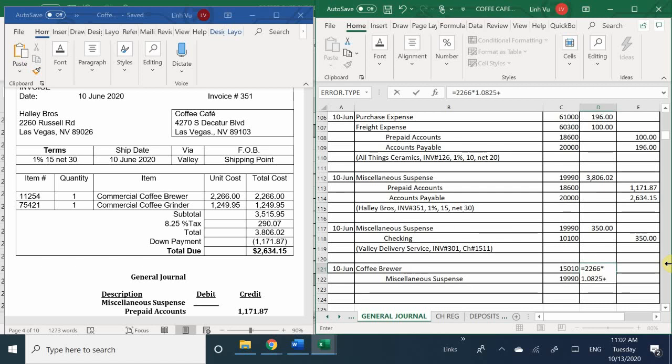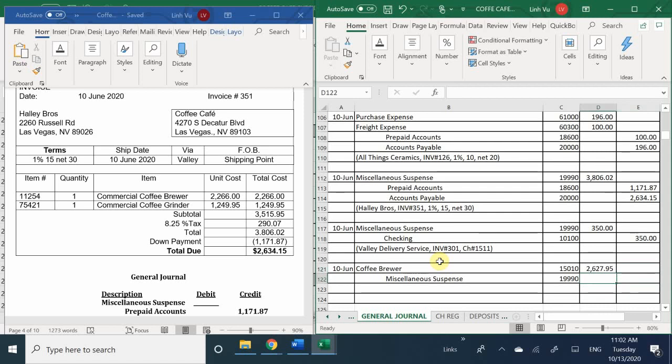And then I'm going to add, what's 350 divided by 2? 175. That's how much freight I am going to be dividing amongst the assets. So in this case, I should get a grand total of $2627.95. Can someone validate that that is correct?